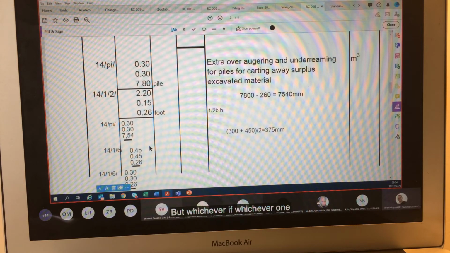But whichever one you use, you would not be incorrect, because all you're doing, remember, is turning this into standard shapes. And these are some of the standard shapes that we used when we measured in our first year.